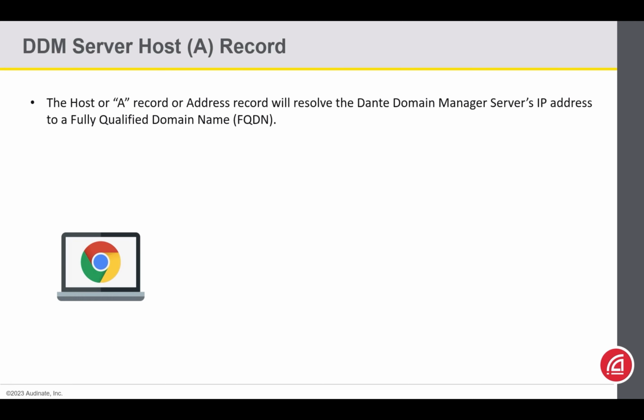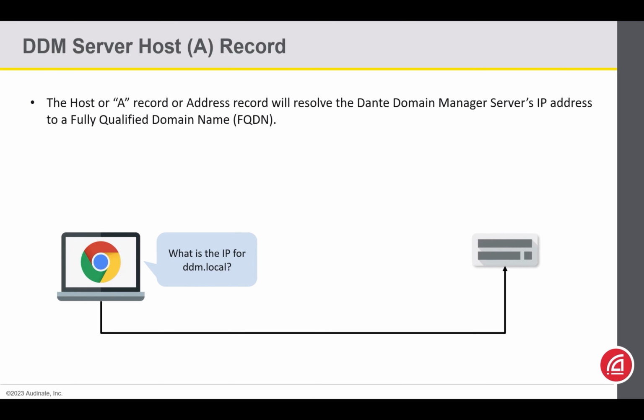So for example, if someone installed a DDM and they set its IP address to 10.100.10.10, they could log in from the web browser by typing the IP address. If we did have an FQDN, which let's say is ddm.local, we could log in using that as well.